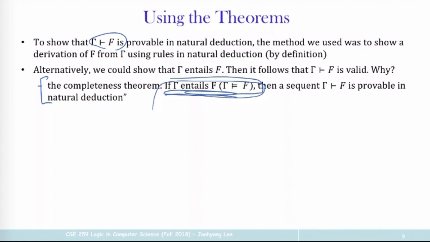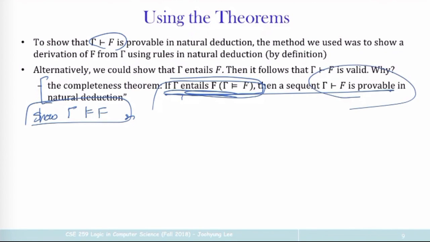So all you need to do is to supply the antecedent. So if you show this is actually true, then using this one and this one, you can derive the consequent. That's modus ponens or implication elimination rule in natural deduction, right?